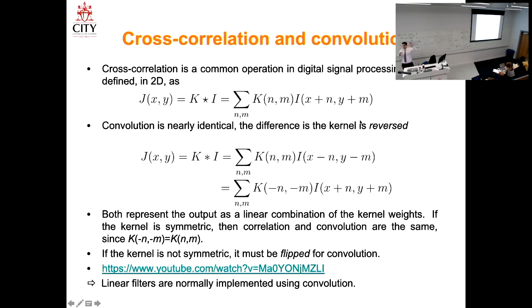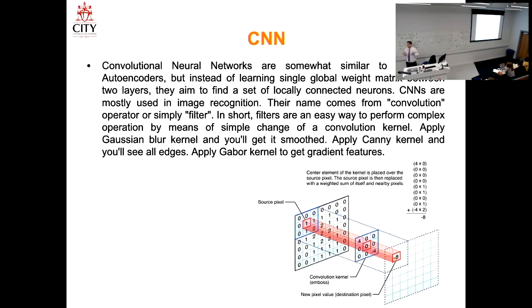You get a mask, and you start running it through your image, and you generate the output. So this is the basic idea behind convolutional neural networks.